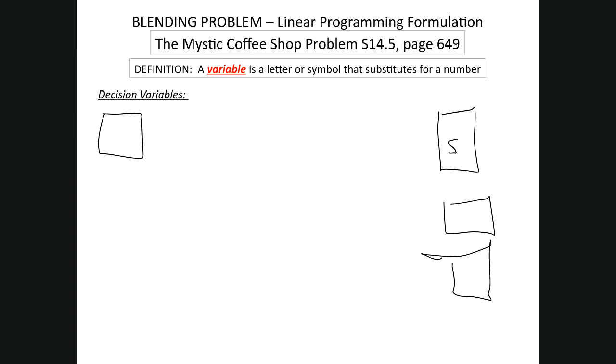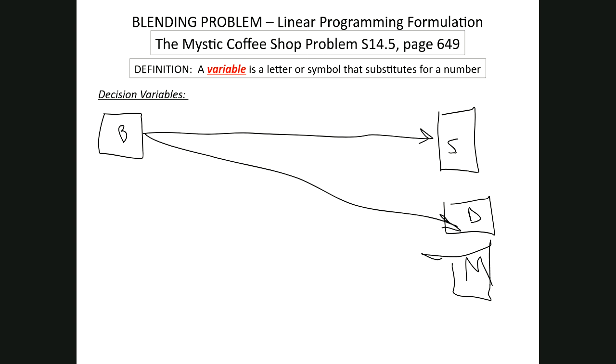This is the dark. This is the mild, and this is our Brazilian coffee. And if we just look at this one situation with our Brazilian coffee, there's 3 options. We can put Brazilian coffee into the special blend. We can put Brazilian coffee into the dark blend, or we can put Brazilian coffee into the mild blend.